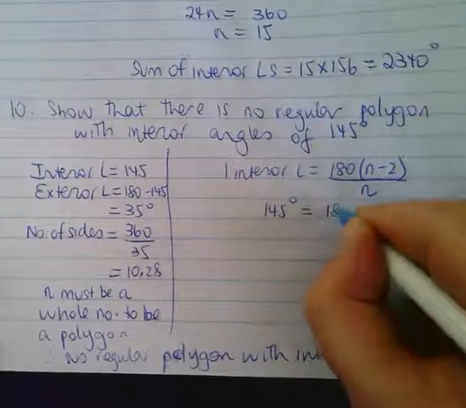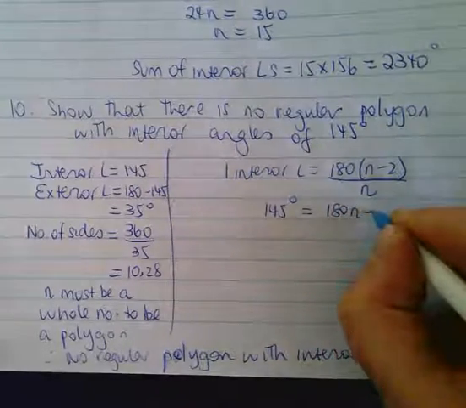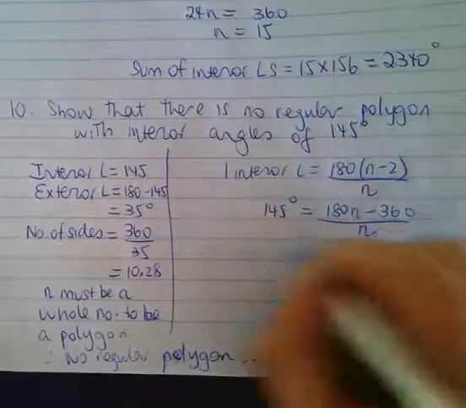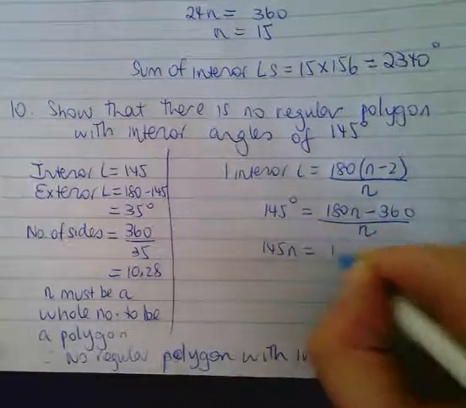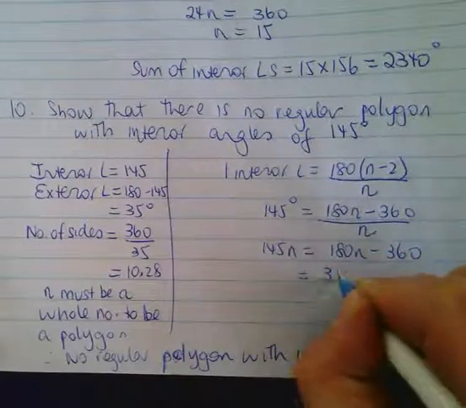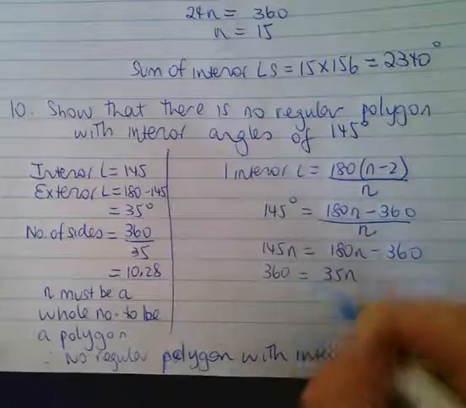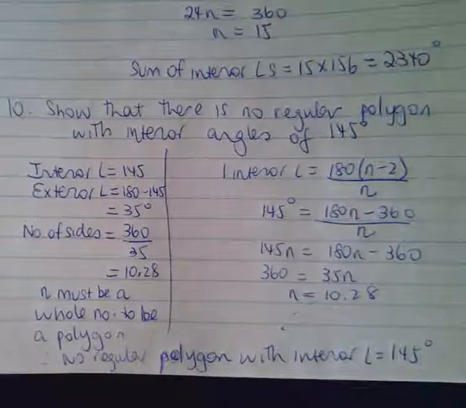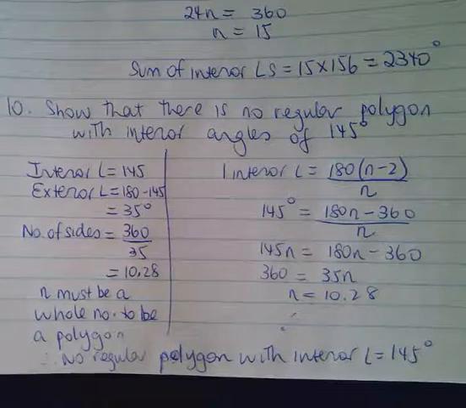So 145 is 180(n minus 2) over n, so 145n is 180n minus 360, and then you solve it and you get 35n is 360, so n is 10.28. Again, same conclusion. So there are two ways you can go.